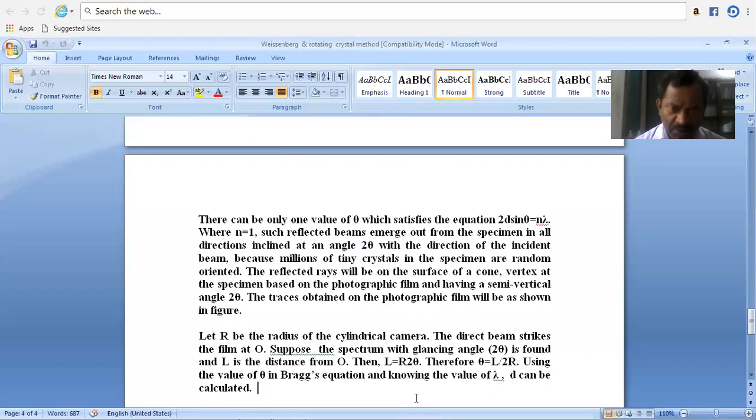In both methods, we can determine the lattice planes and lattice constants. And using Bragg's equation, we can determine the distance between the two planes, that is d, also. Overall, we can calculate the lattice parameters from both experiments.